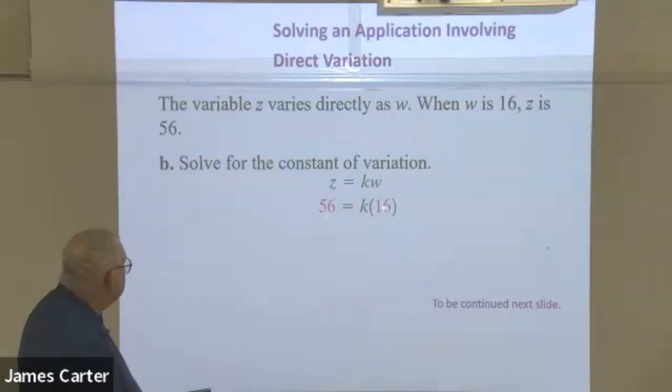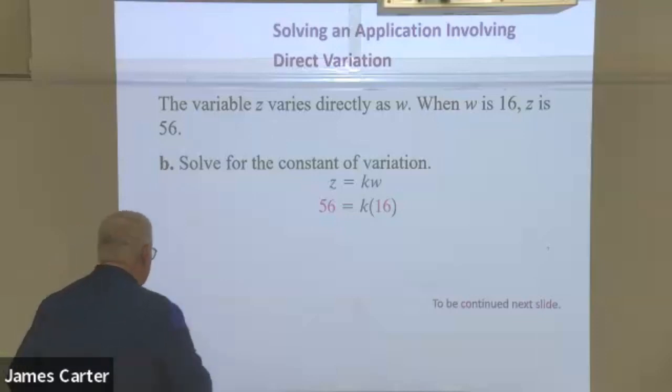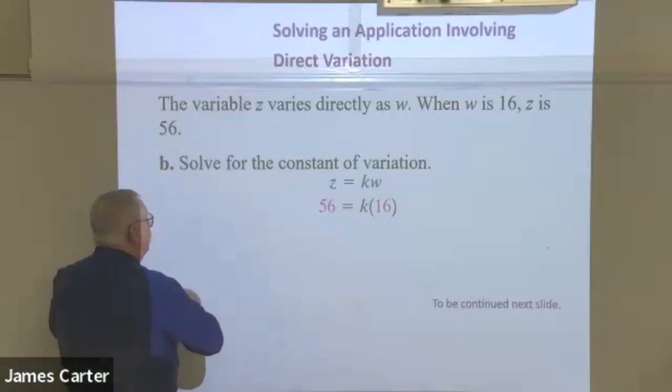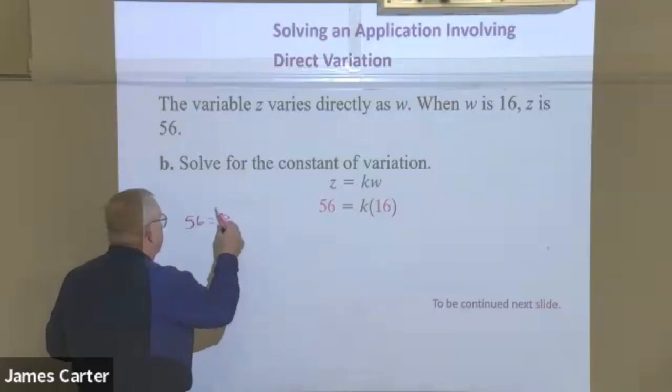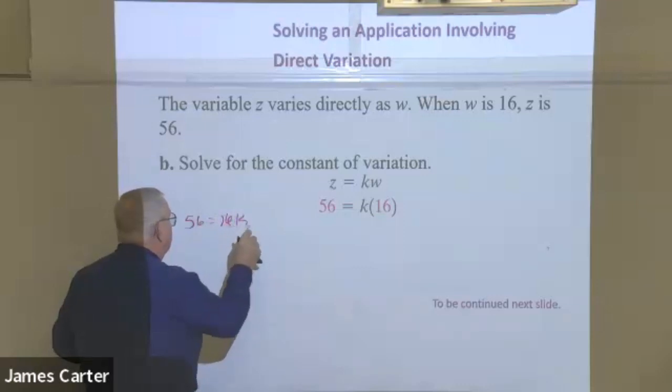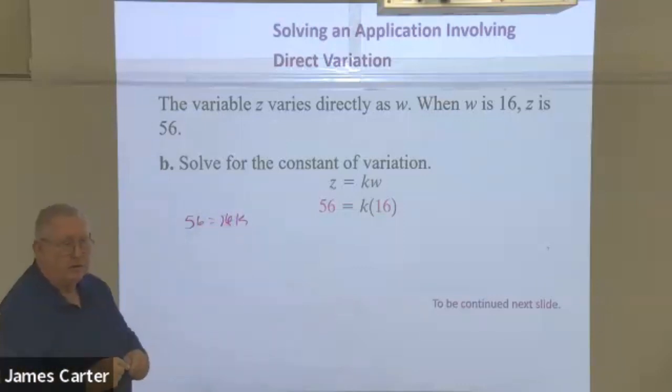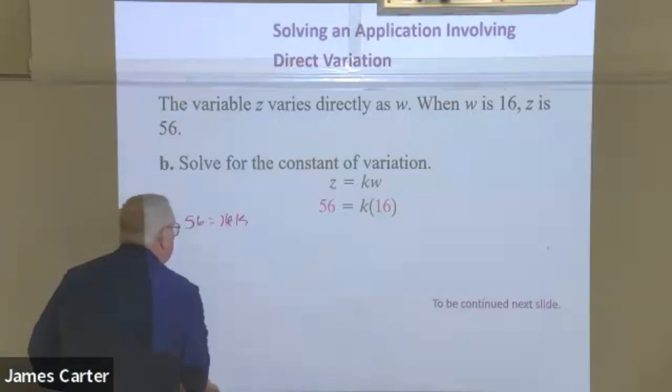So we know this, we know that, we don't know K, we can find K. How are we going to do it? Divide both sides by 16. This would be the same problem as if we had 56 equals 16K. Just because it's behind it doesn't matter, the 16 being behind.